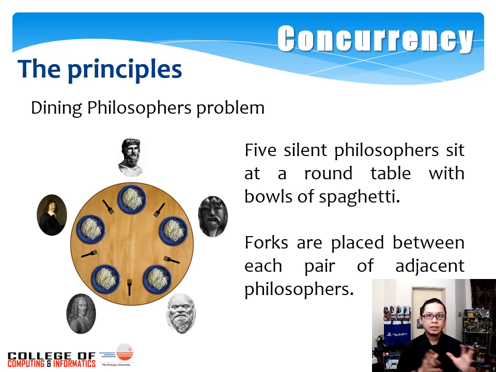This is the basic problem of concurrency, what needs to be solved in order for processes to finish and for resources to be given evenly to the processes that need them, so that they can finish all the instructions. Alright, so this is the basis for the concurrency problem, which is the dining philosophers problem.